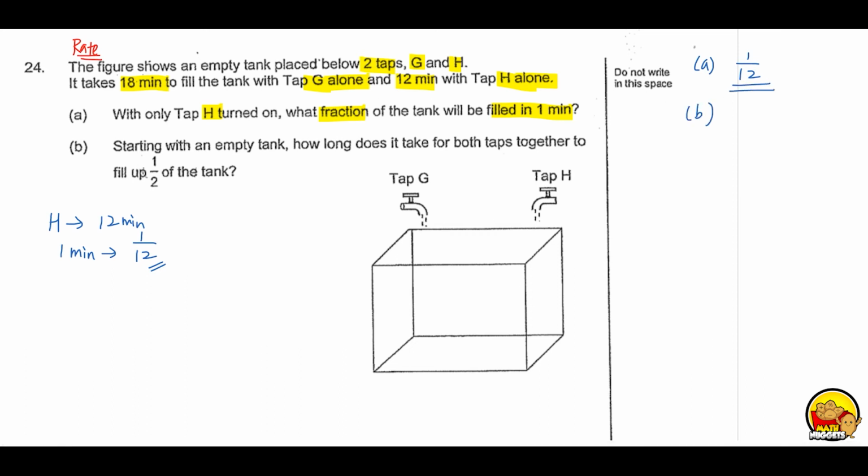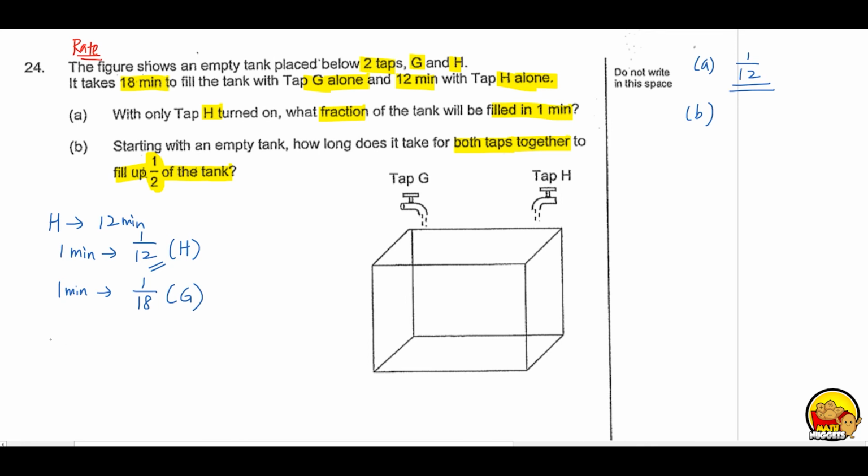Part B, starting with an empty tank, how long does it take for both taps together to fill up half of the tank? Alright, so now we know that in 1 minute, H fills up 1/12 of the tank. Now in 1 minute, for G, would be 1/18 of the tank. The question wants us to find out together, right?